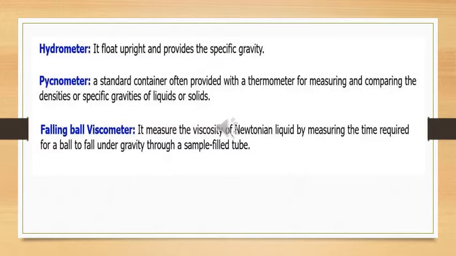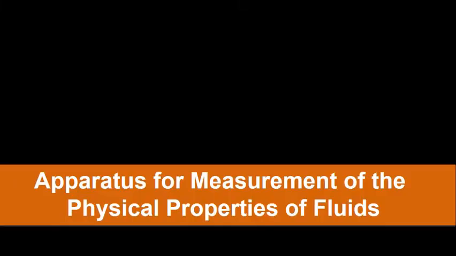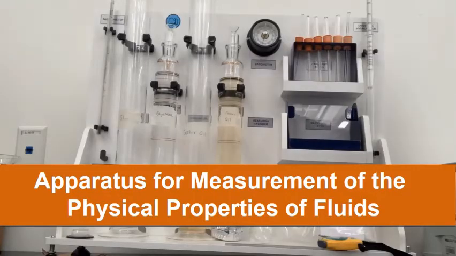Next is the falling ball viscometer. It measures the viscosity of Newtonian liquid by measuring the time required for a ball to fall under gravity through a sample filled tube. This is the apparatus that we will use for this activity.